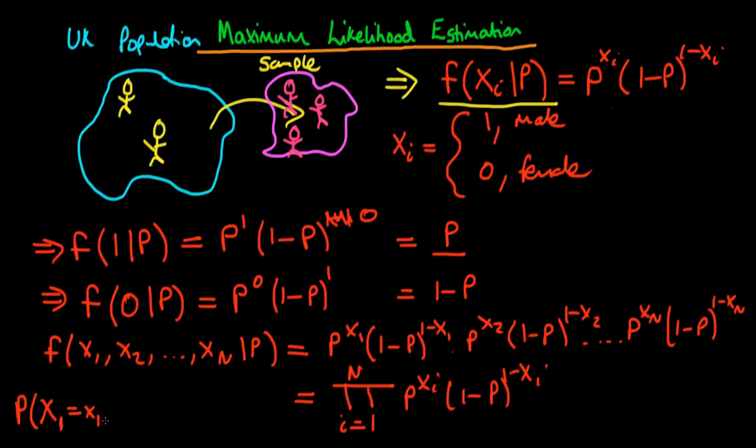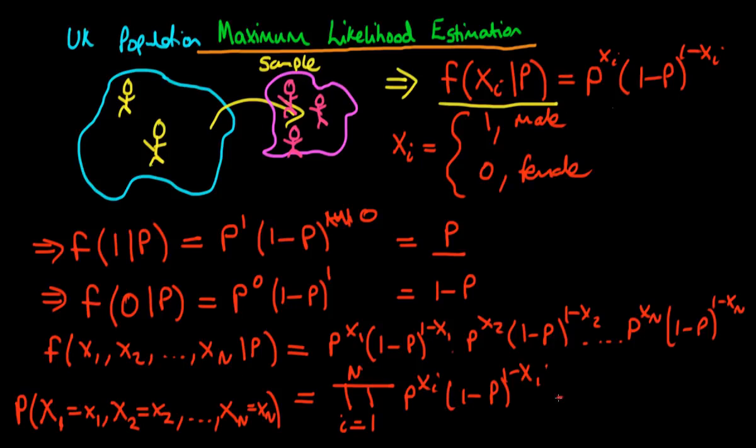And we're also talking about the probability that the random variable x2 took on its particular value of x2 which we obtained in our sample. And we're talking about the joint probability of all these things occurring, up until the probability that the random variable xn took on that particular value of xn. So it's kind of like the joint probability that we would have got this sample of observations from our population.